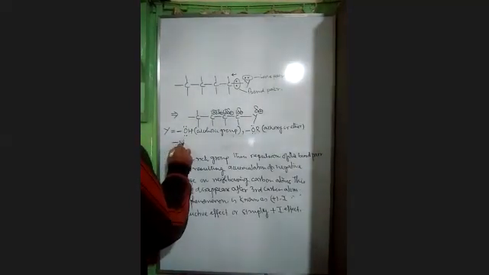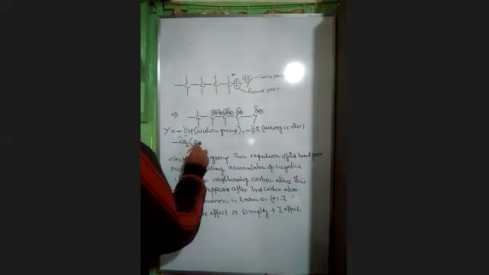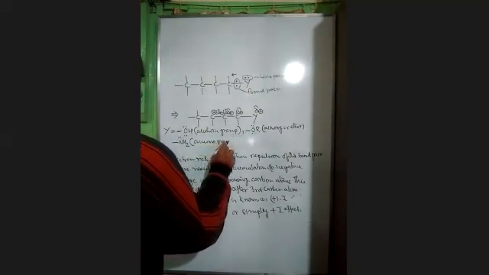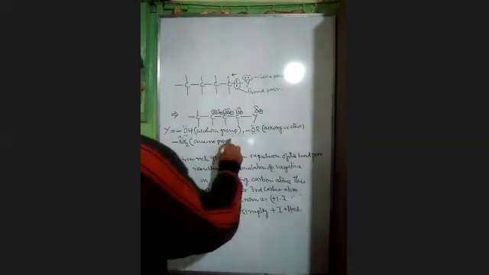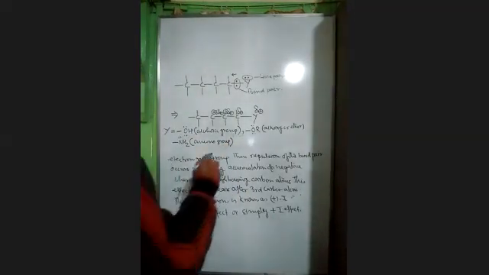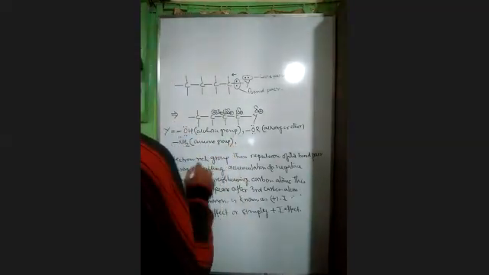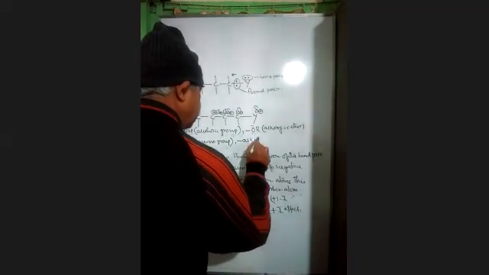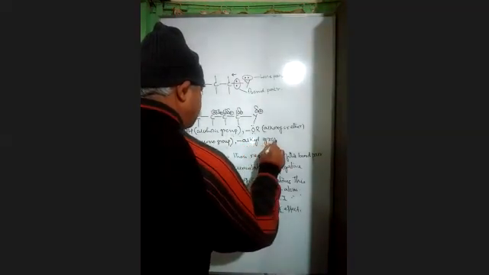Then, what is this amino group? Okay. Then you can have alkyl. So these are there.